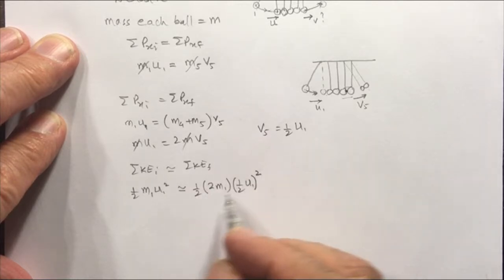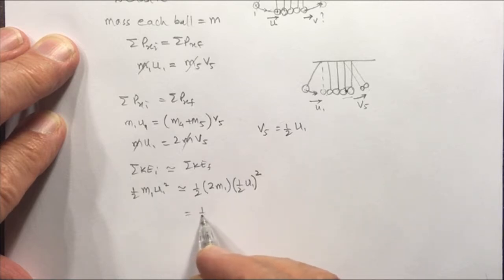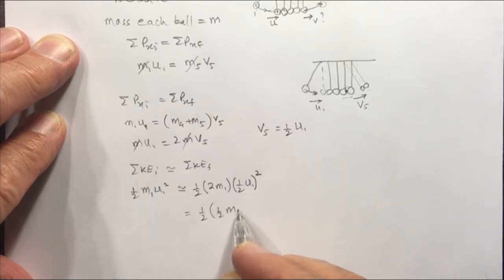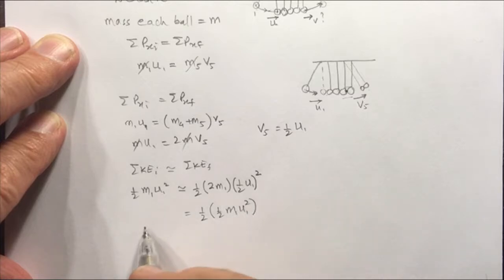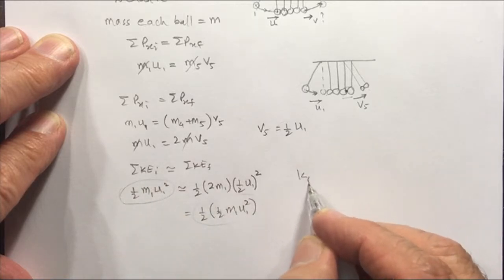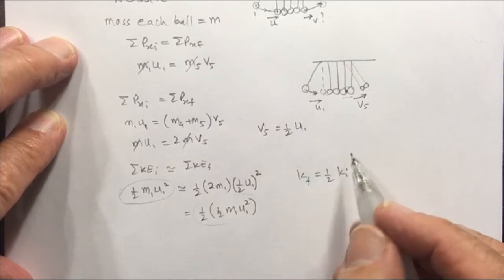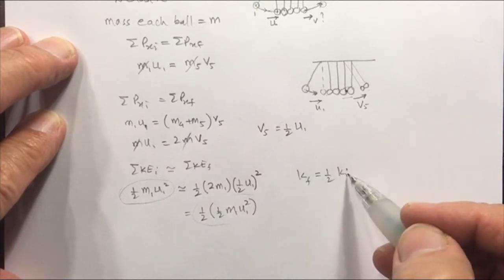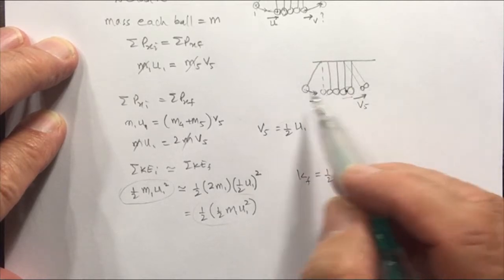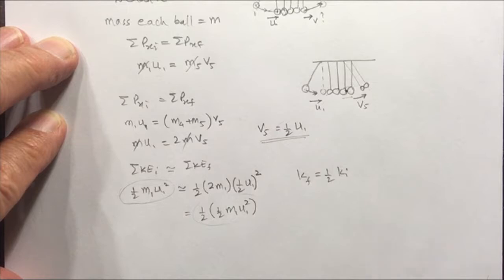We can cancel this out, this will be 1 by 4, so it's equal to 1 by 2 of half m1 u1 squared. That was the original kinetic energy, and the final K is half of K initial. So it's far from being an elastic collision. However, we know it's almost elastic, and therefore this is in doubt.